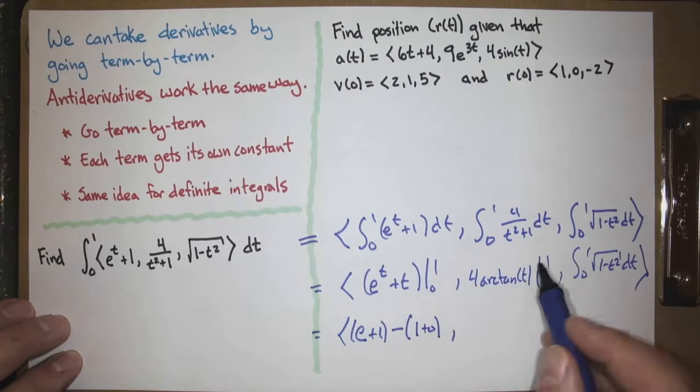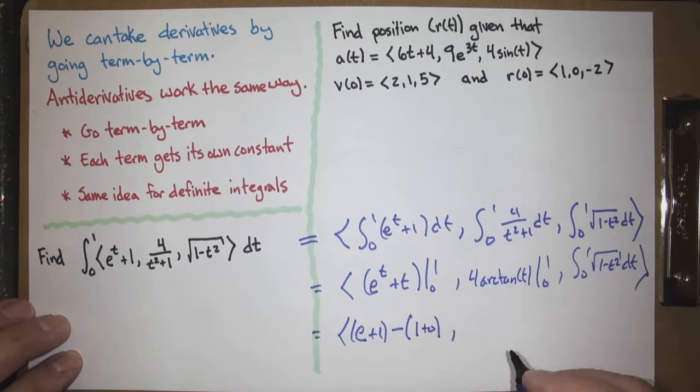When we plug in 1 into arctangent, what do we get? Arctangent of 1? You can figure it out from the formula sheet if that helps. It's pi over 4. Arctangent of 0?